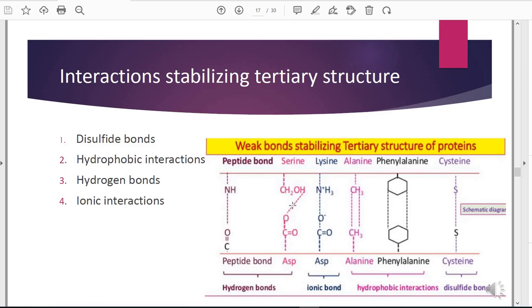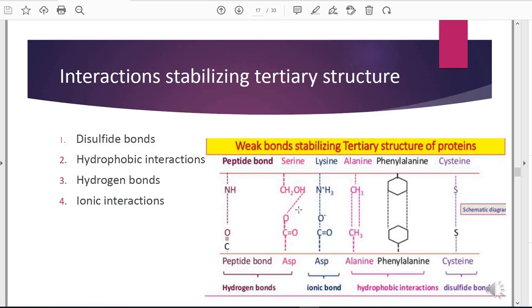So this is hydrogen bond. يعني ايه hydrogen bond؟ the hydrogen enter in it. It's between the hydrogen of the hydroxyl group of serine, one of the hydroxy amino acid, and carboxylic group of one of the acidic amino acids like aspartate. This form hydrogen bond.